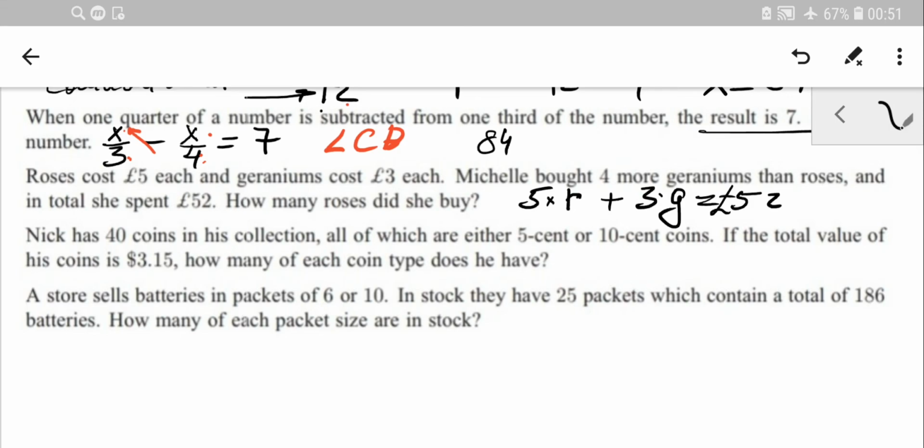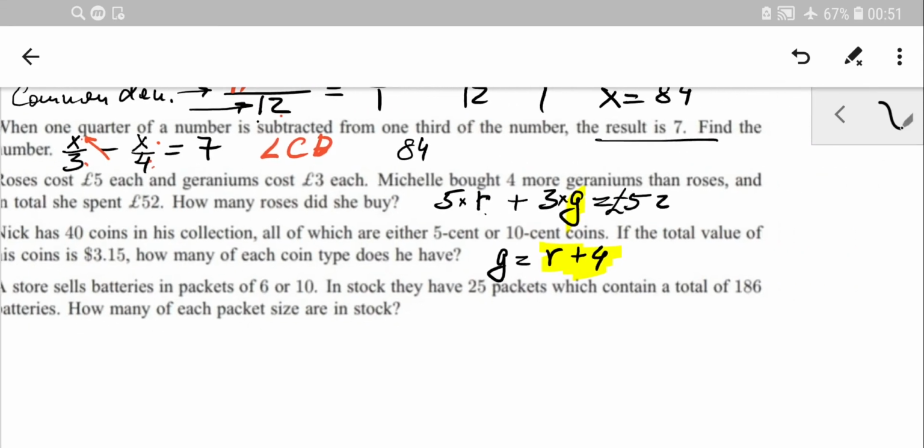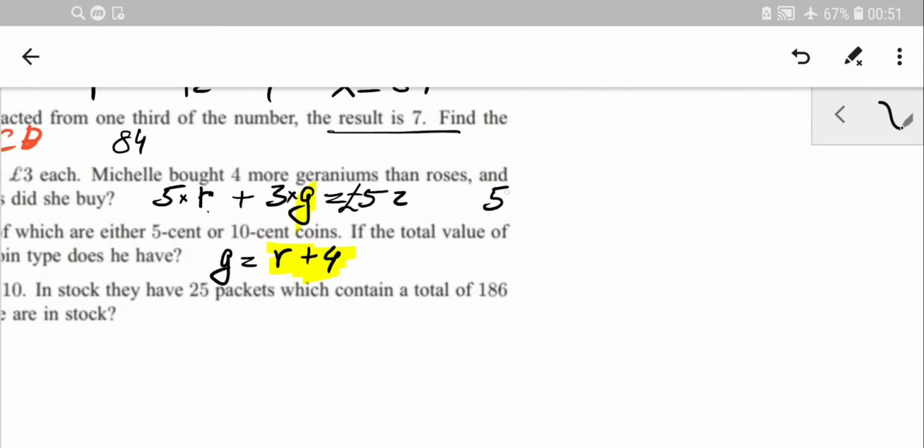And we also have the connection between roses and geraniums. She bought 4 more geraniums than roses, so you can say geraniums is roses plus 4. You just grab that expression and put it instead of G here. So you'll get 5R plus 3 multiplied by R plus 4 equals 52 pounds.